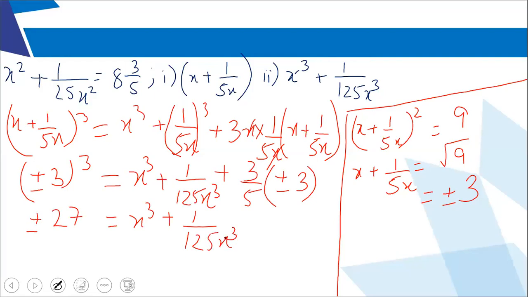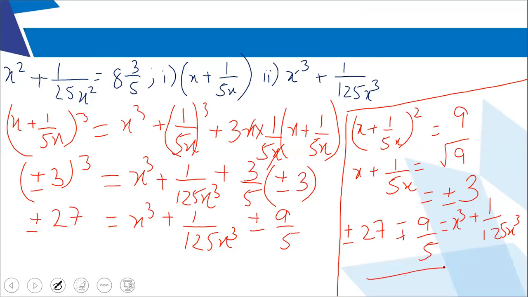But this is plus minus 9 by 5. And after transposing, this will become plus minus 27 minus plus. Remember, I told you how to shift. And after solving this, you will get the answer.